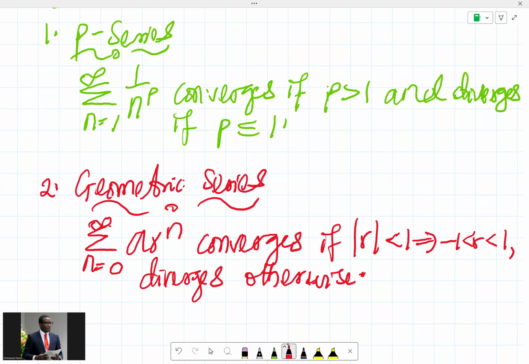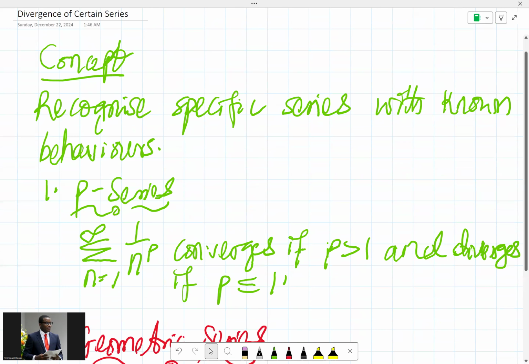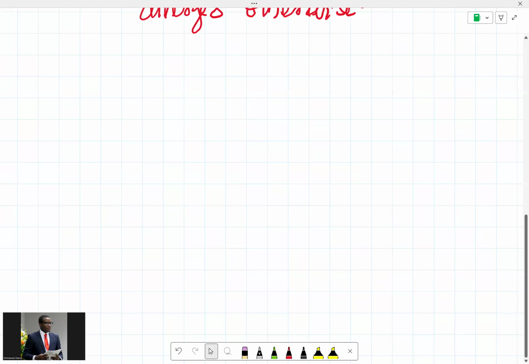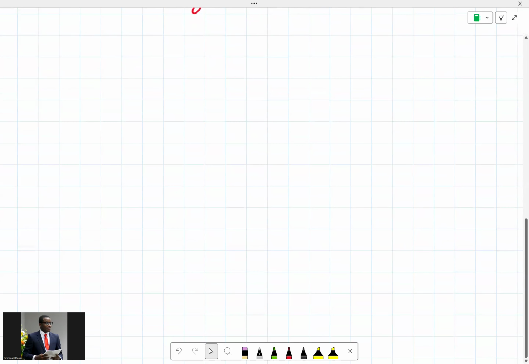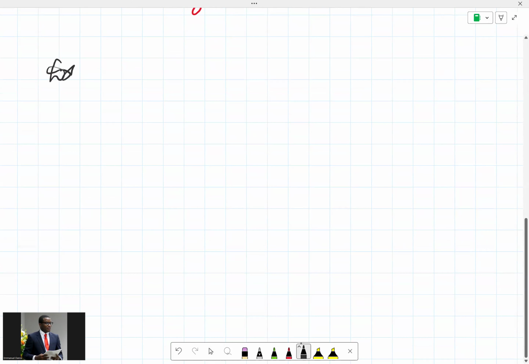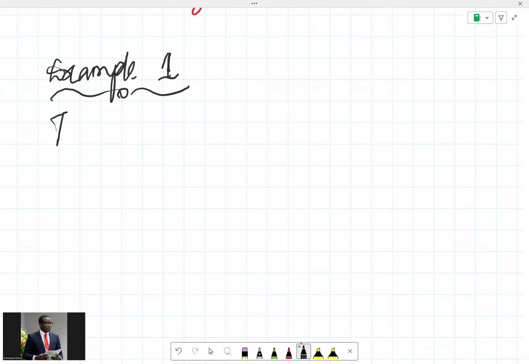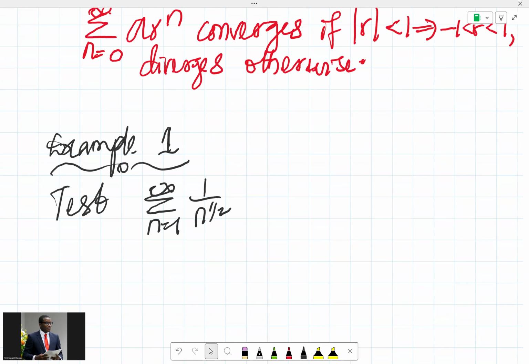Can we then take some examples to drive home the point? Let's start with example 1. We want to test the summation from n equals 1 to infinity of 1 over n raised to power half. We already know the rule for P series.